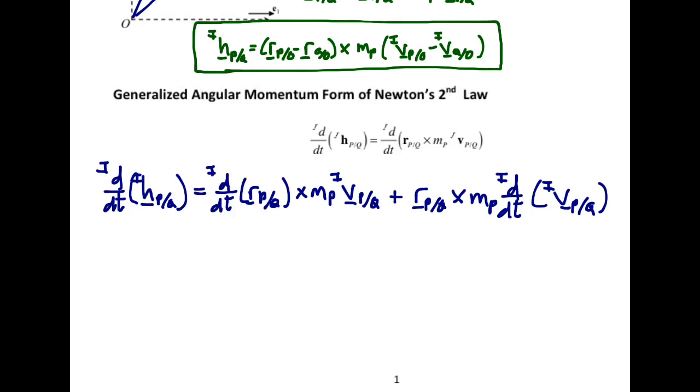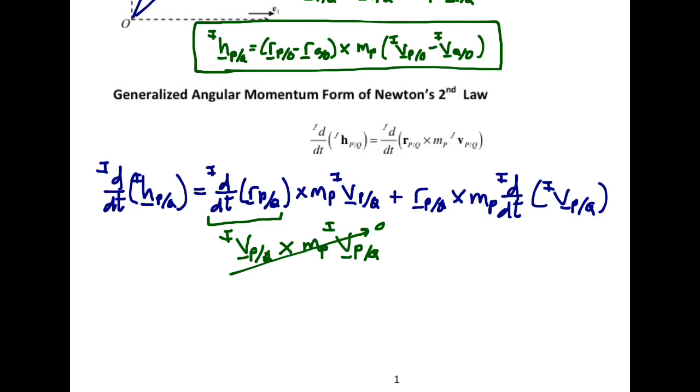And so we'll see here that we're going to get the velocity of P with respect to Q as observed in the inertial reference frame crossed with m_P times the velocity of P with respect to Q. The cross product of anything with itself is 0. And so the only term that we have left now is our position vector r of P with respect to Q crossed with the mass multiplied times the time differentiation of the velocity of P with respect to Q.